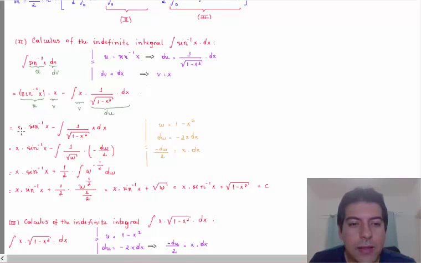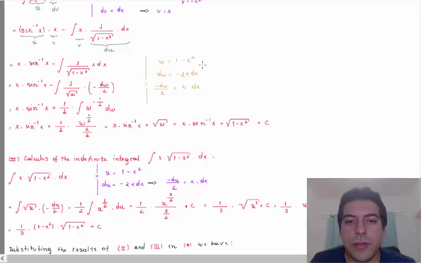Therefore, we have x times sine minus 1 of x minus the integral of 1 over square root of 1 minus x squared times x dx.